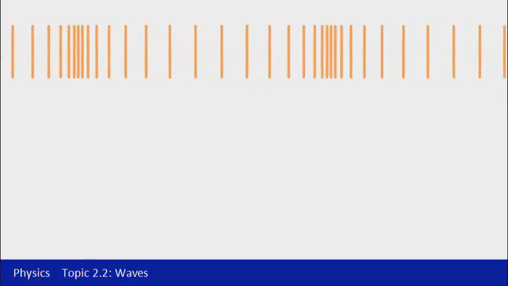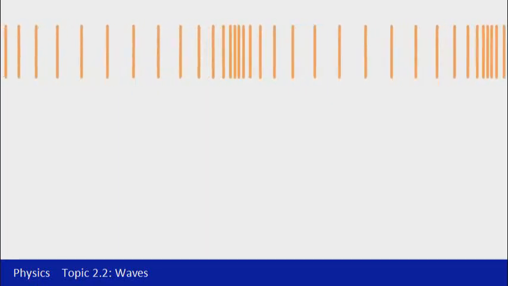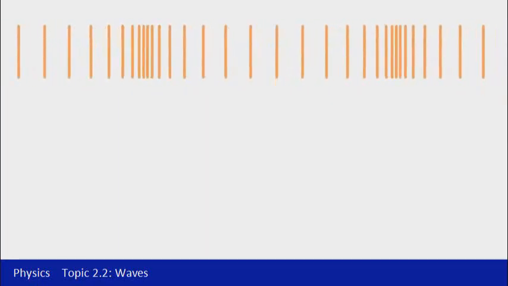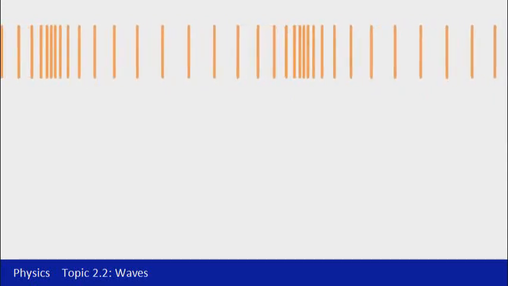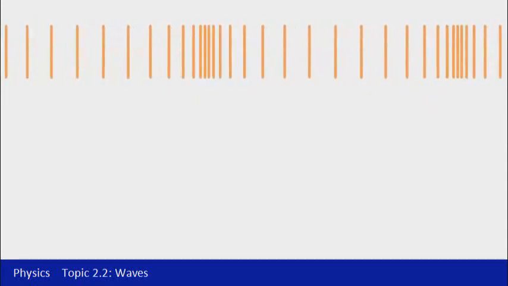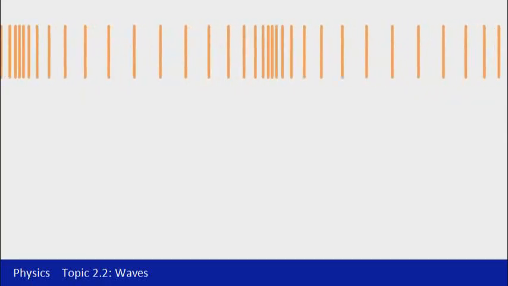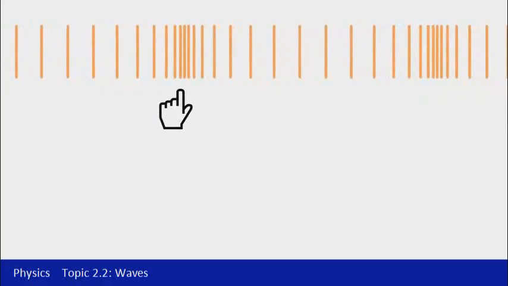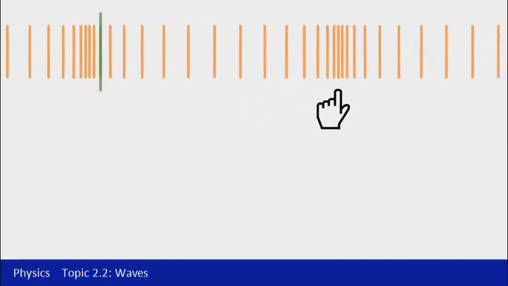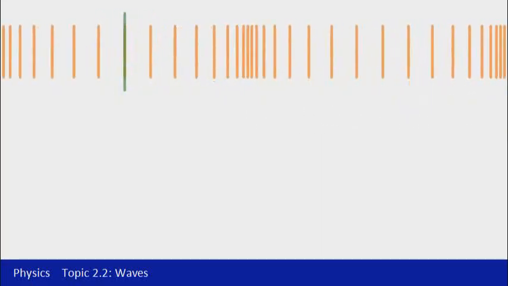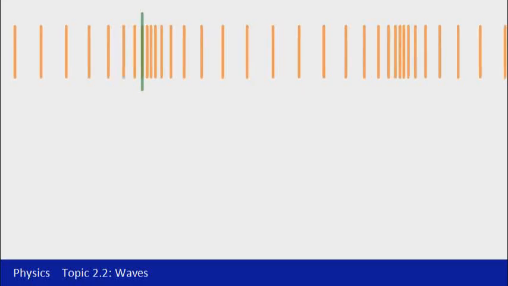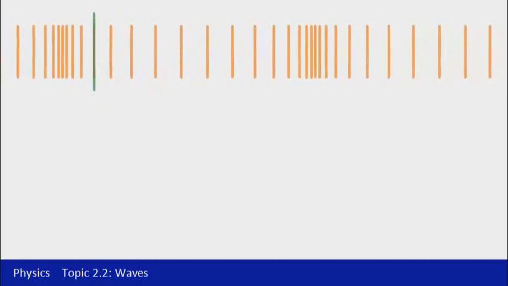If we have that wave being transferred through, you can see that the coils themselves, as I said, are moving side to side, backwards and forwards, as the wave travels along them. Again, if I trace along with this compression region, we can see that the wave is moving to the right. But if we look at a single coil, say this green one here, you can see that it's just oscillating side to side, backwards and forwards within a defined range of motion.